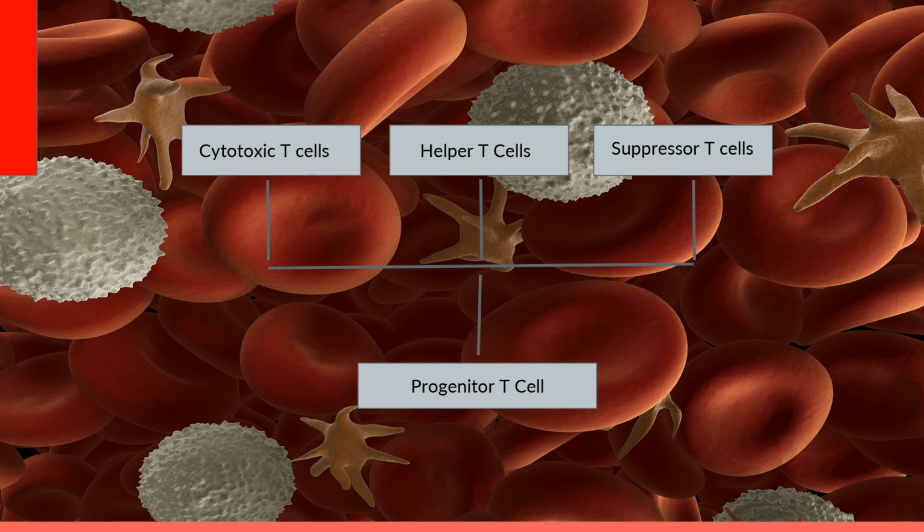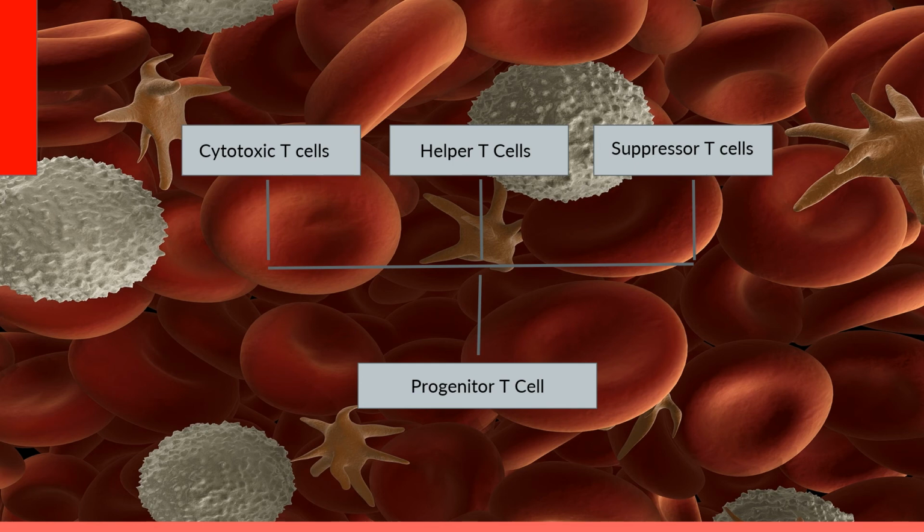T cells differentiate into cytotoxic or killer T cells, helper T cells, and suppressor T cells. Cytotoxic T cells attach to the antigens of bacteria, viruses, fungi, or foreign tissue to kill the invaders.